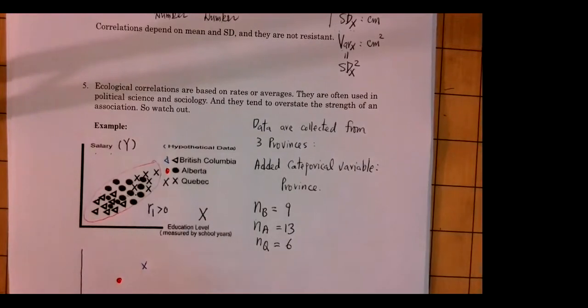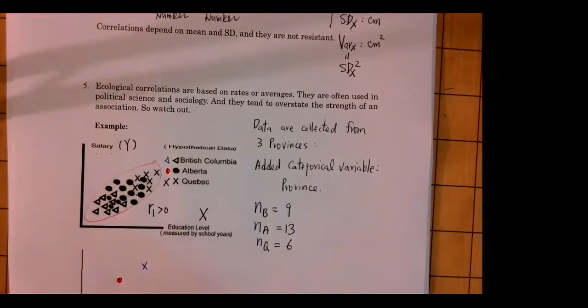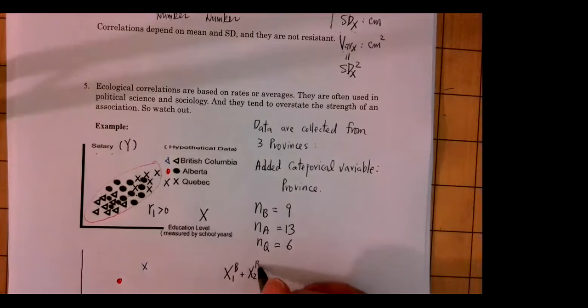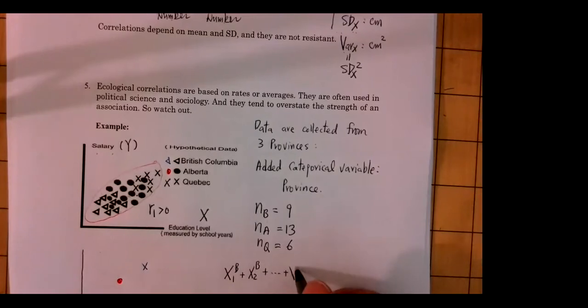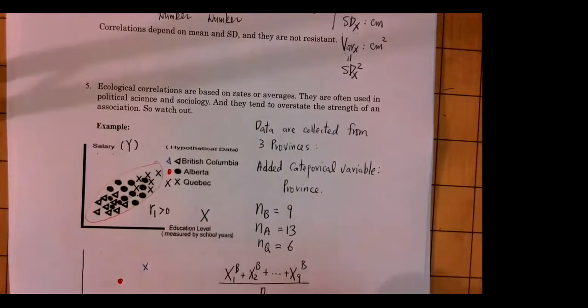This top point, the coordinate is called X bar B and Y bar B. Okay, let's define what's X bar B, Y bar B. X1B plus X2B plus all the way up to X9B divided by NB. This is called XB bar.